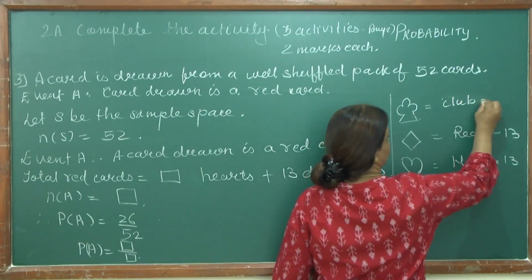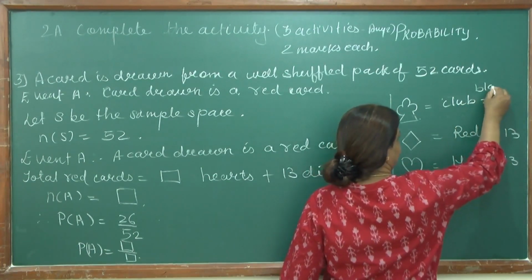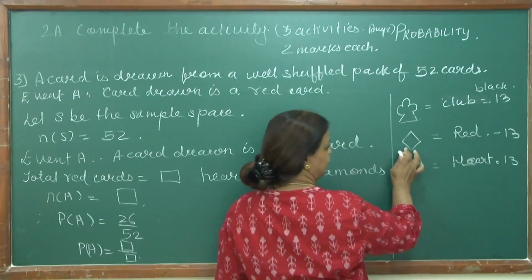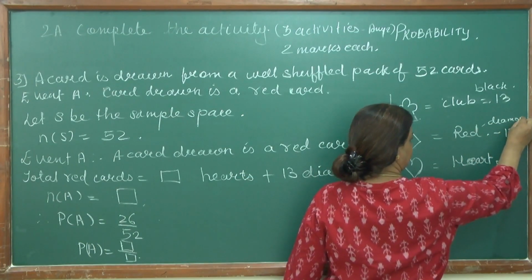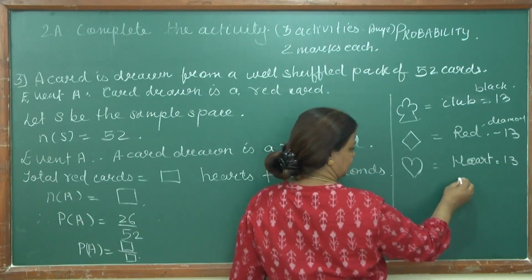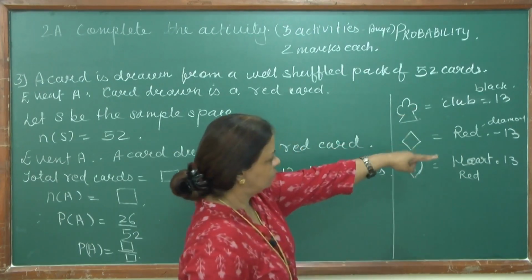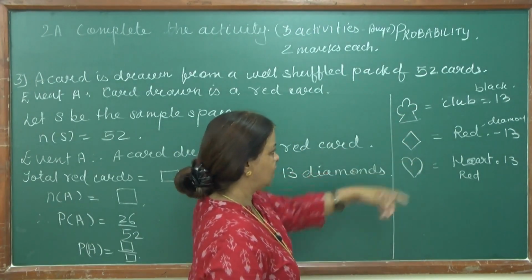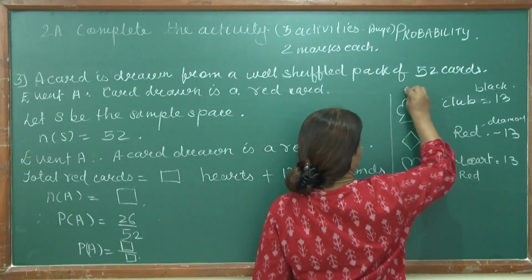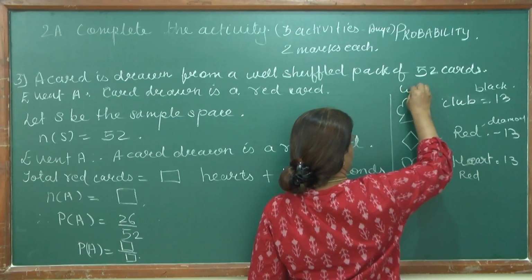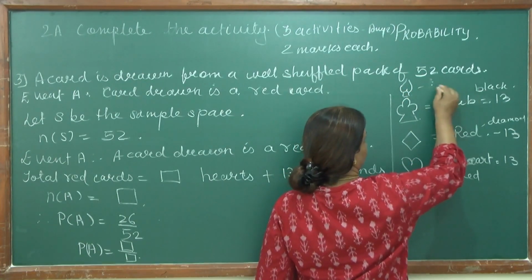Club, 13 but black. Red, diamond, 13. Heart, red, 13. So 39 cards. But there are how many? 52. So one more is left. Spade, and that is like this. So again it is black.